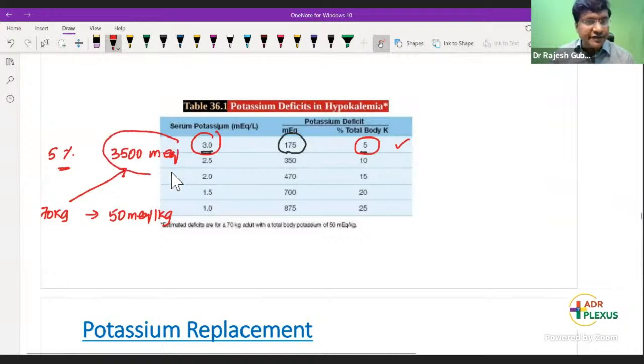It is like 3,500 milliequivalents. 5% of your 3,500 is being lost. How much does it become? That will be 175.